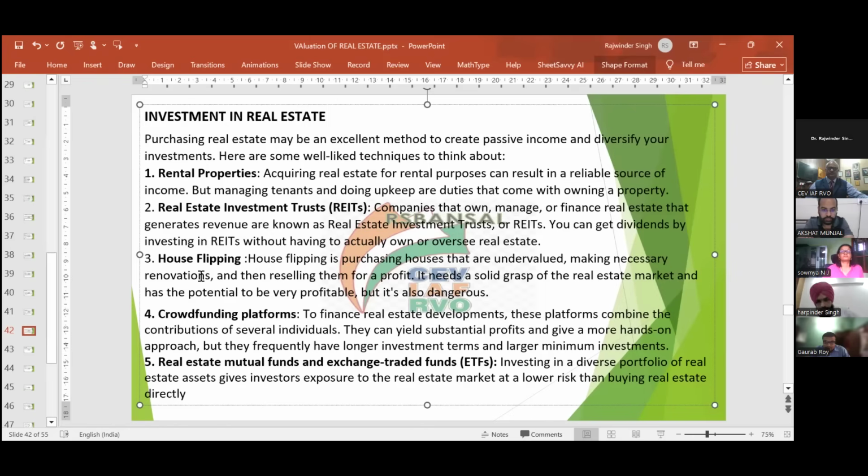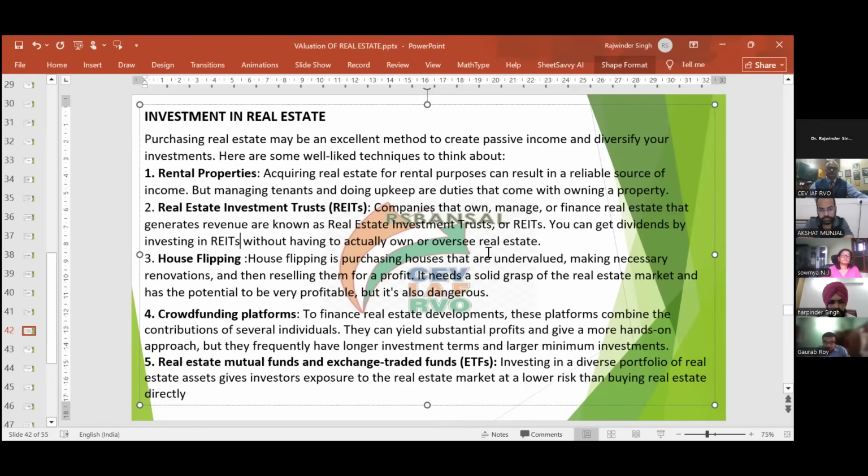And then house flipping. House flipping is that you buy a proper house, you make certain improvements in it, and then you sell it at a higher price. That is house flipping. Then crowdfunding platforms.